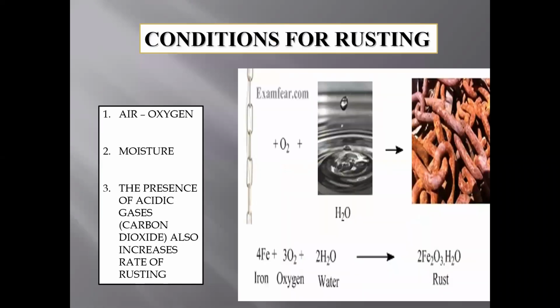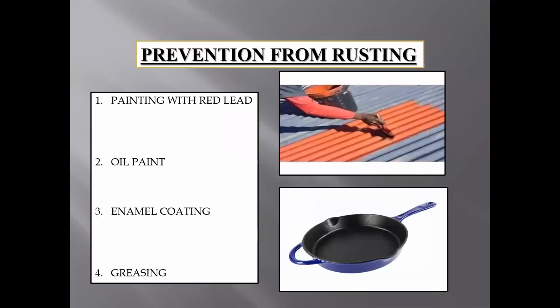Because in my previous slide I explained that both oxygen and moisture are essential components required for rusting. That is why these are done, that is painting with red lead, oil painting or enamel coating, greasing, whatever you see, it is mainly done to prevent the contact of oxygen with this substance.